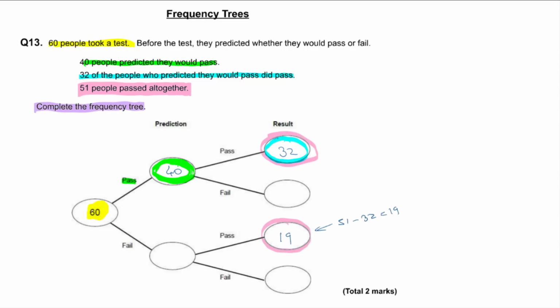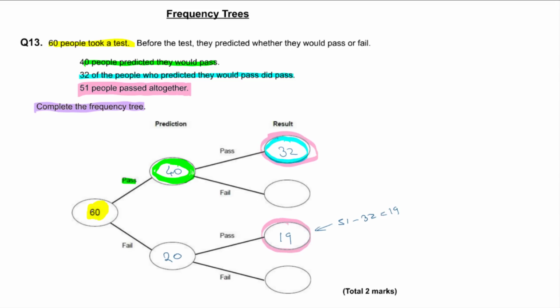Okay, right, let's have a look at the first row then. I've got 60 people altogether, and I know of those 60 people, 40 predicted they would pass. Now that means the remainder, which is 60 minus 40, 20 of them must have thought that they would fail, mustn't they? Because 40 and 20 makes 60.